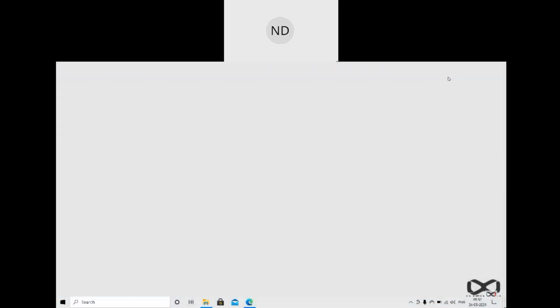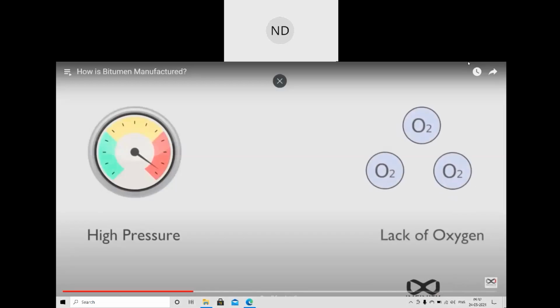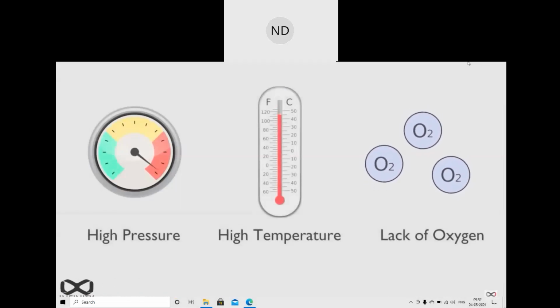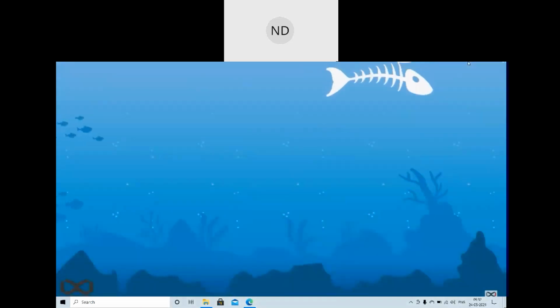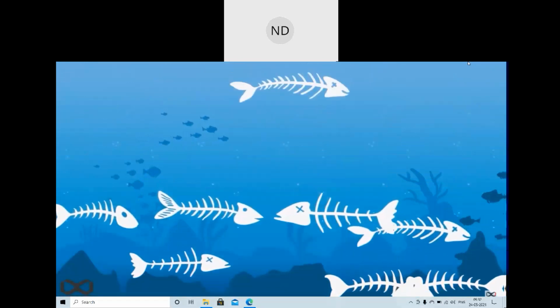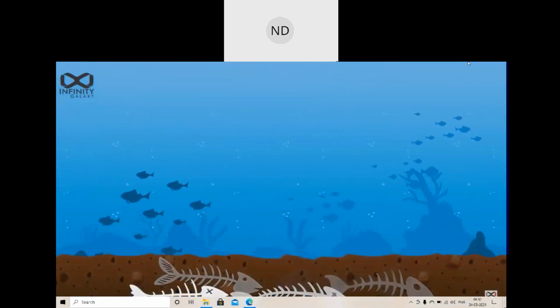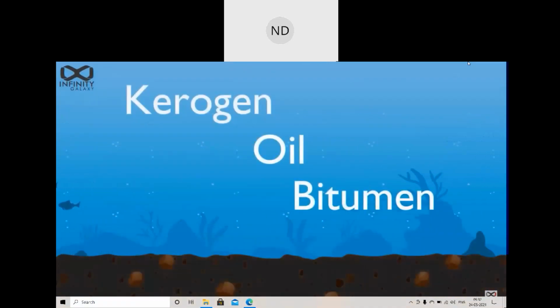These conditions include high pressure, lack of oxygen, and high temperature, all of which cause the fermentation and chemical change of organic molecules after a while.